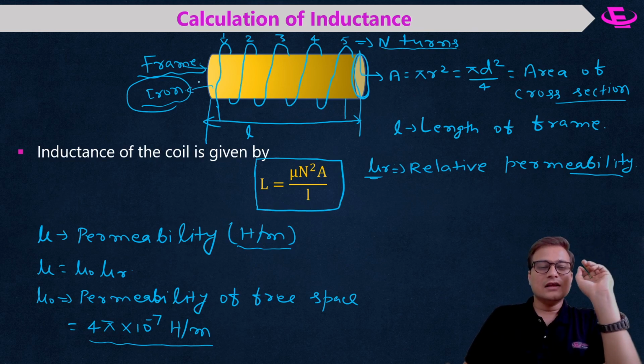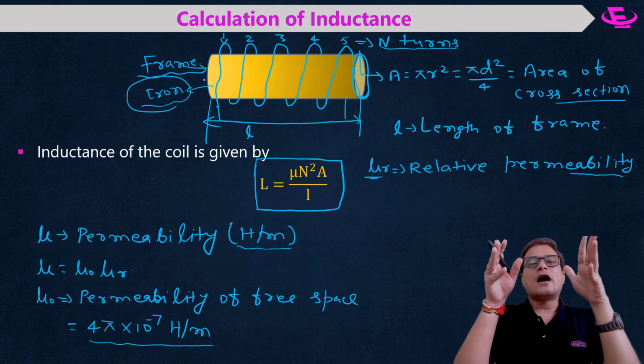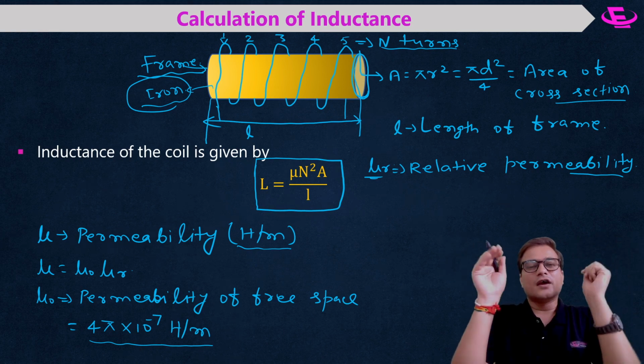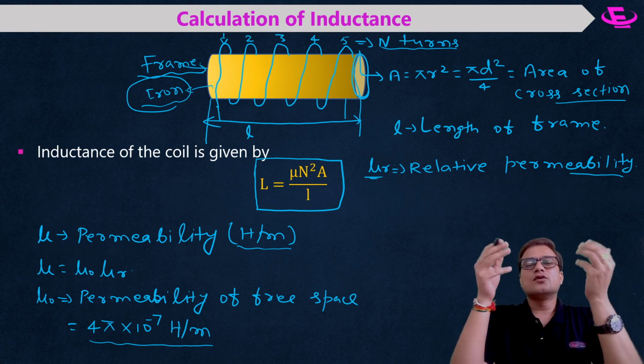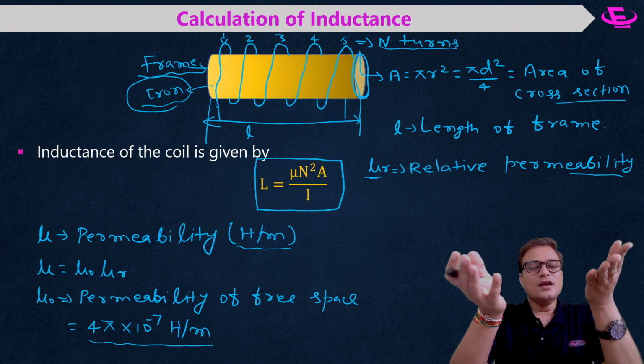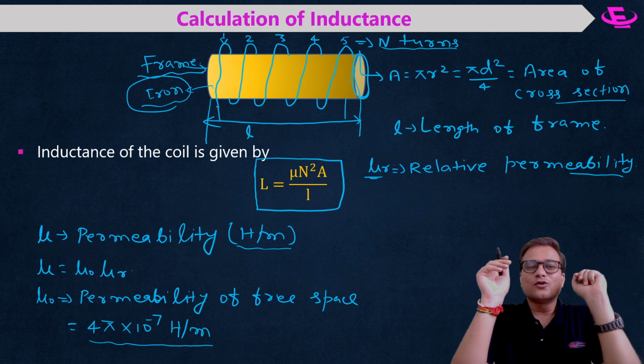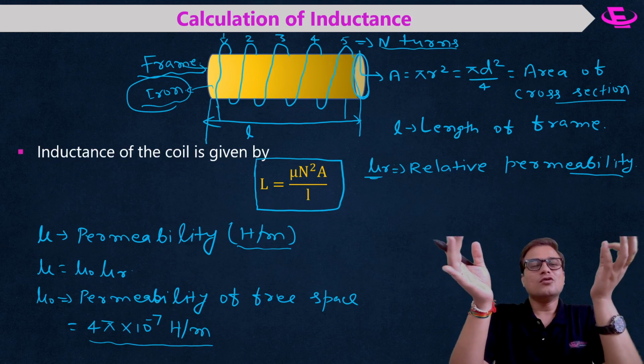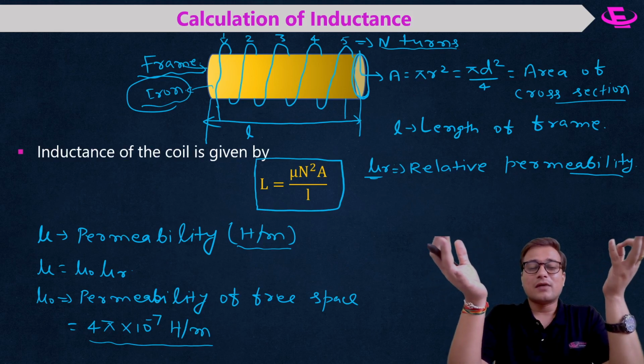Suppose the permeability of iron is 250 times greater than that of air or free space. So you will write mu r equal to 250, mu naught equal to 4 pi into 10 to the power minus 7. Your permeability will become 250 into 4 pi into 10 to the power minus 7.